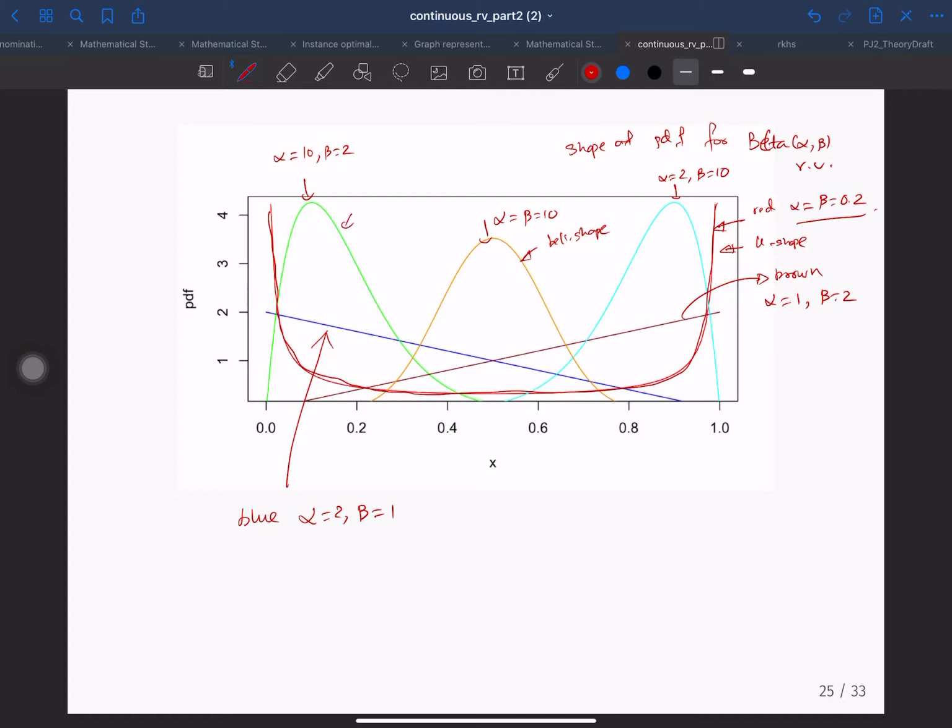This is kind of like a gamma shape for small, let's say, alpha. And this is another kind looking like a transformed shape. And this looks like a triangle shape. So as you can see, the beta random variable has many different shapes.